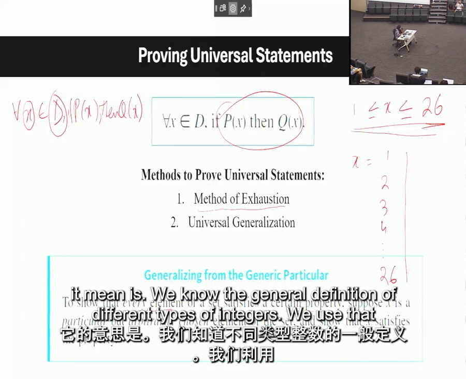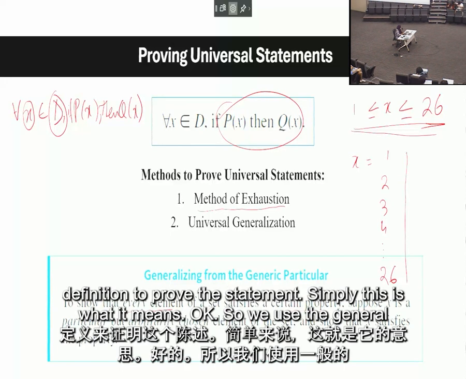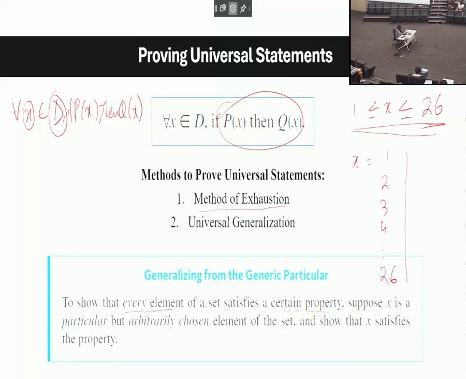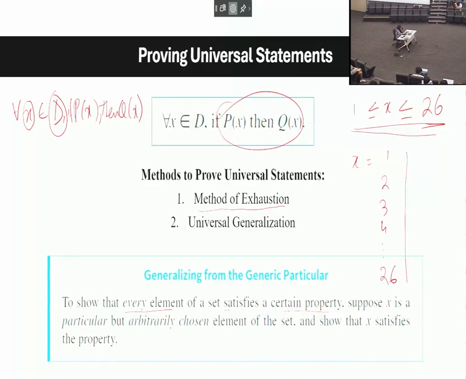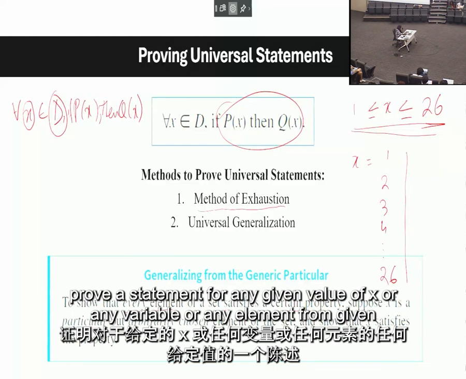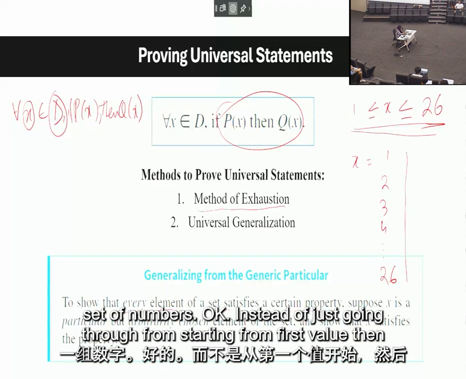So simply, what it means is we know the general definition of different types of integers. We use that definition to prove the statement. Okay, so we use the general definitions, the general formulas of the different types of integers, to prove a statement for any given value of x, or any variable or element from the given set of numbers.